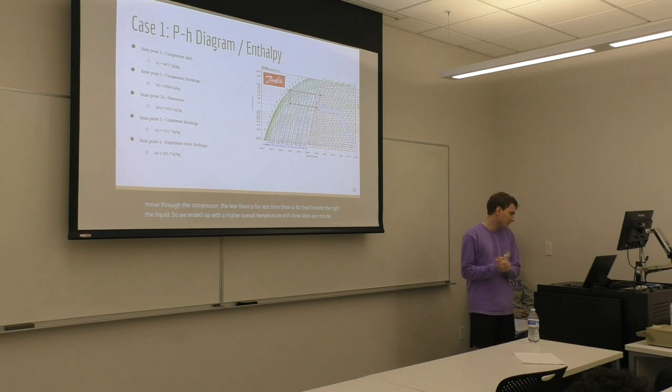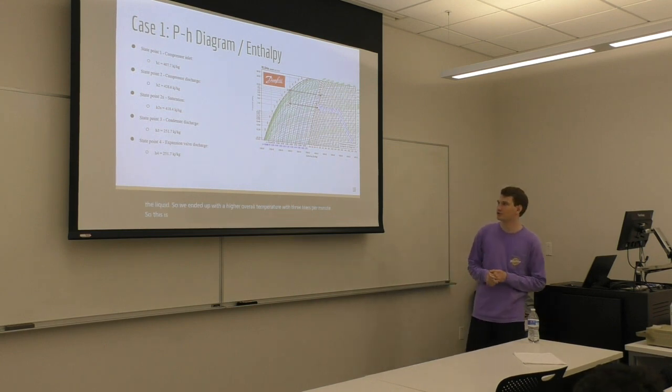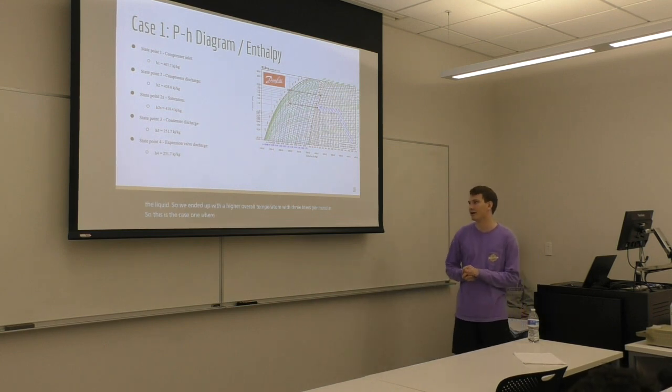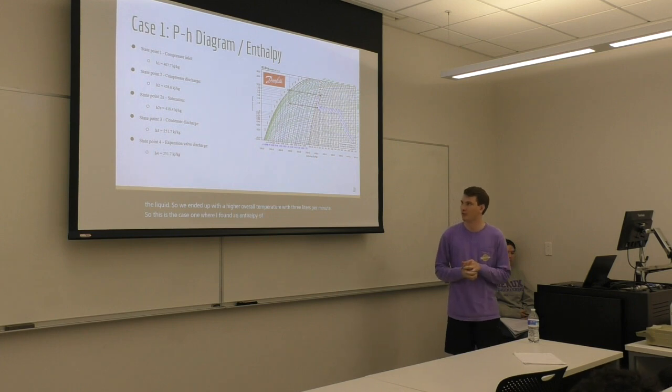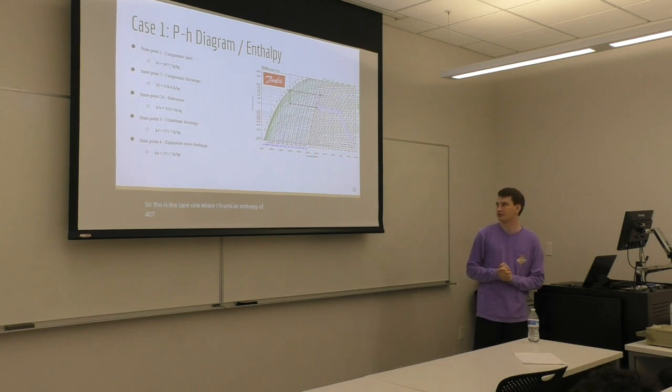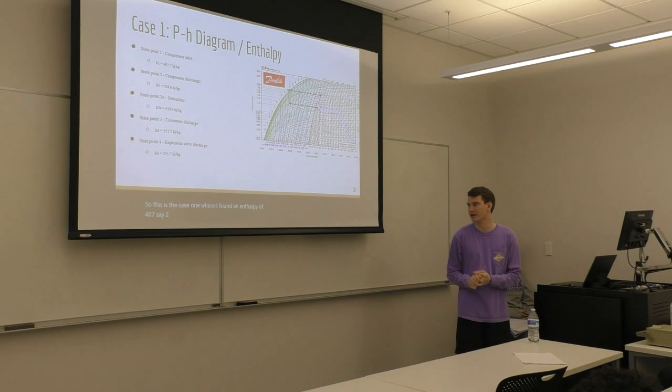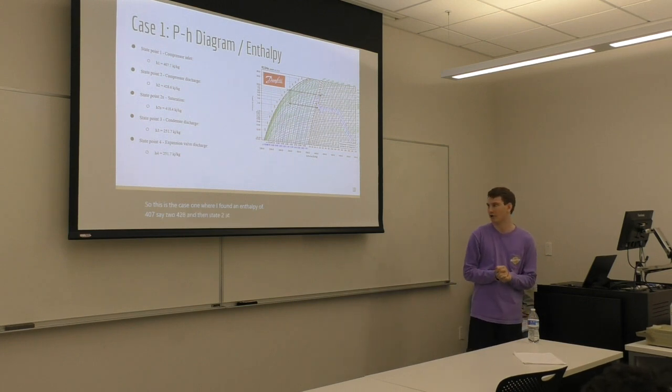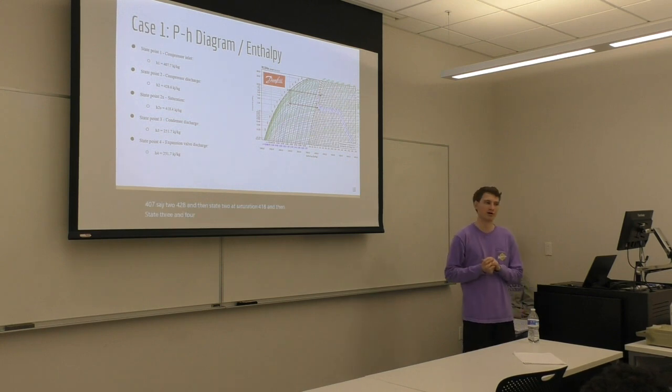So this is case 1, where I found an enthalpy of 407 at state 1, 428 at state 2, and then state 2 at saturation 418, and then state 3 and 4 where adiabatic throttling takes place.